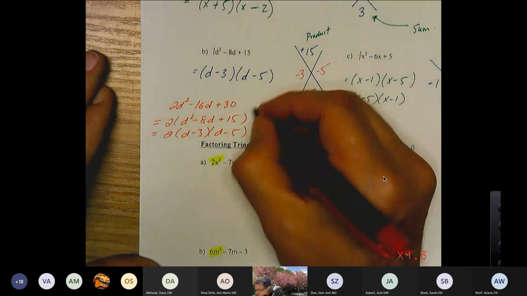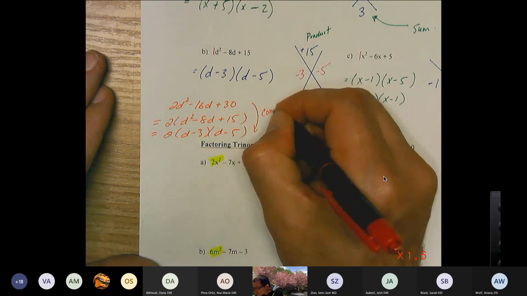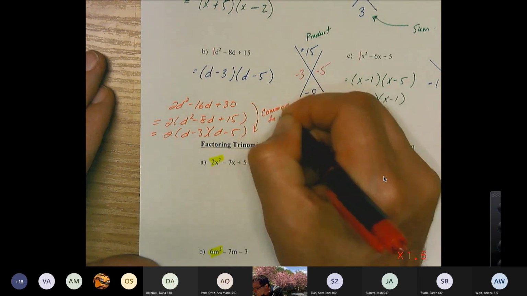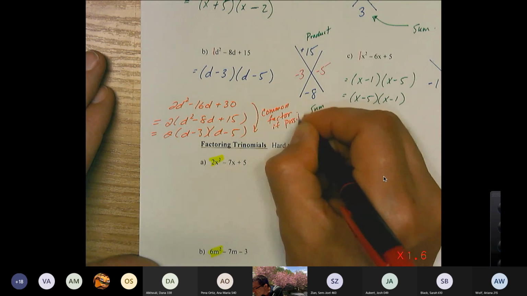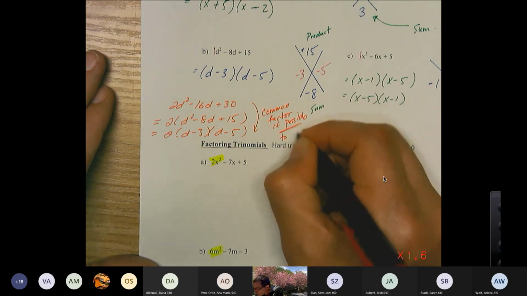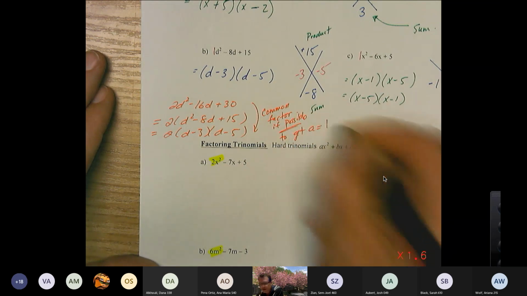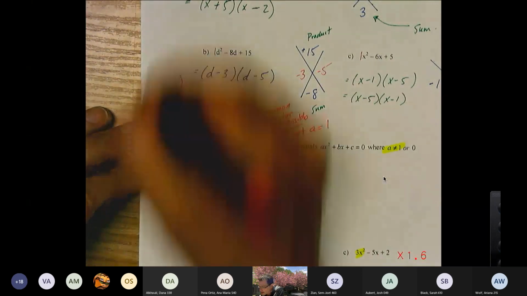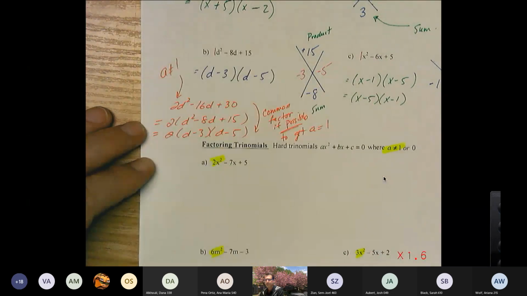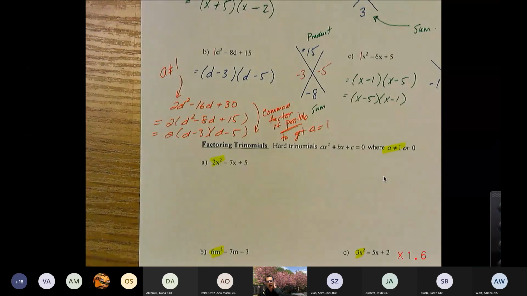So always try to common factor first. You're always going to common factor first to get a equals 1 if a does not equal 1. Okay, so we're always going to try to do that.